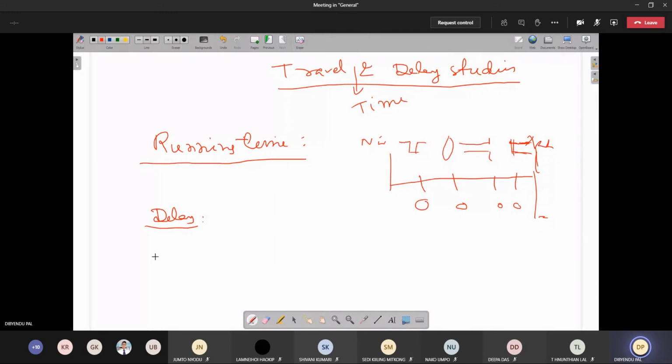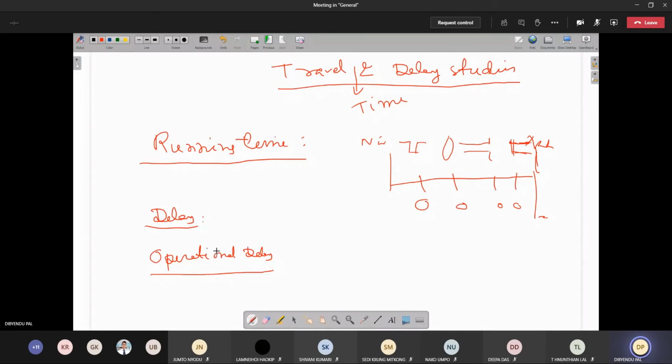Next, another kind of delay is called operational delay. What is that? Write down. It is that part of the delay caused by the impedance of other traffic. Like I am talking about a traffic jam.